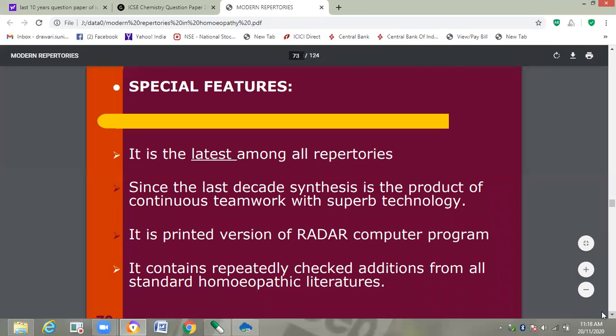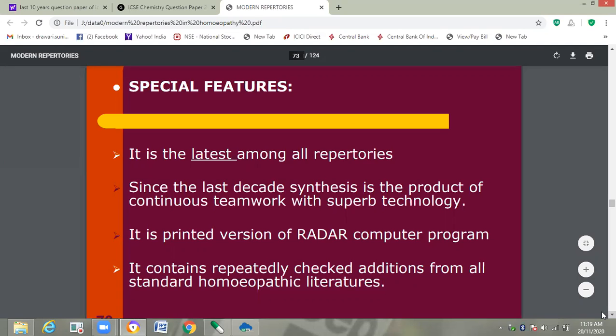As for example, in the extremities section of the Synthesis repertory, open the rubric lameness, and the sub-rubric cough, you can find Arsenic iodatum. In front of that Arsenic iodatum, K with a star means it was taken from Kent's repertory.